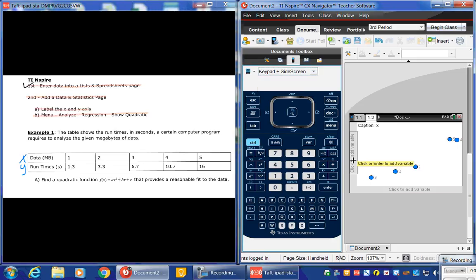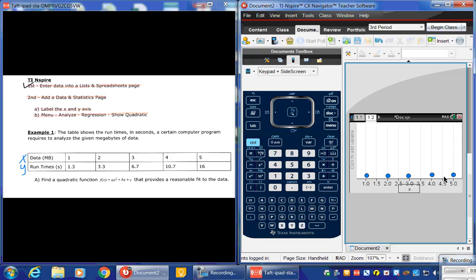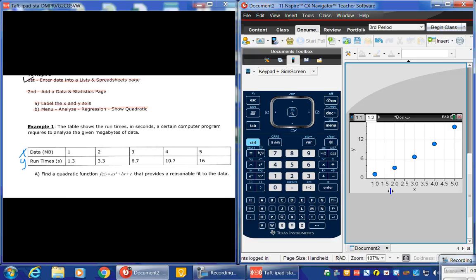So here we're going to change the bottom axis to our x-axis and the left axis to our y-axis. That looks like part of a parabola. So it looks like our runtimes are just going to increase. It would decrease over here and we'd have our vertex somewhere over here in the graph. But that's fine. So now the question is, what is the equation for this data given?